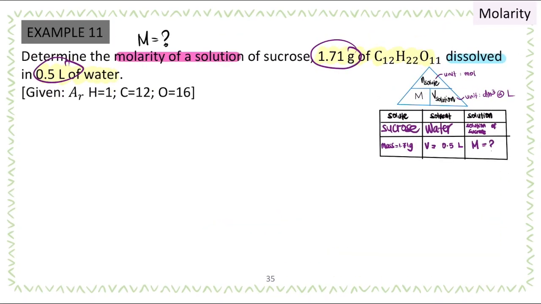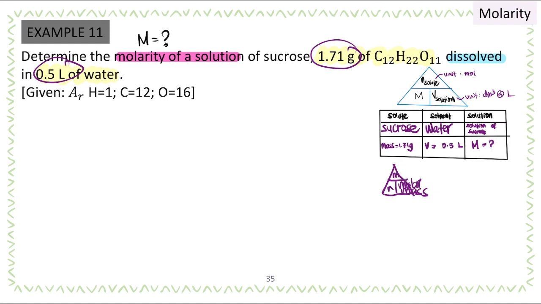The question asks us to find the molarity of the solution. So molarity is equal to number of mole of solute divided by volume of solution. So how can we find the number of mole of solute? The information given from the question is the mass of the solute.